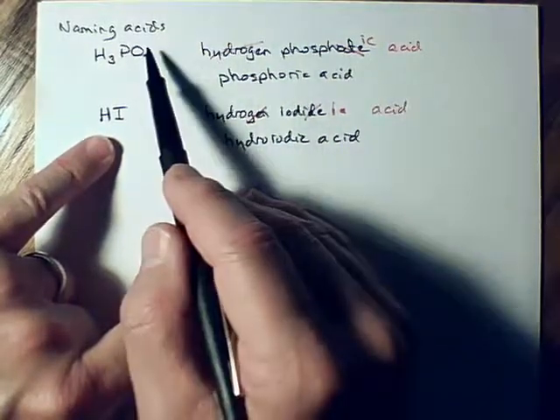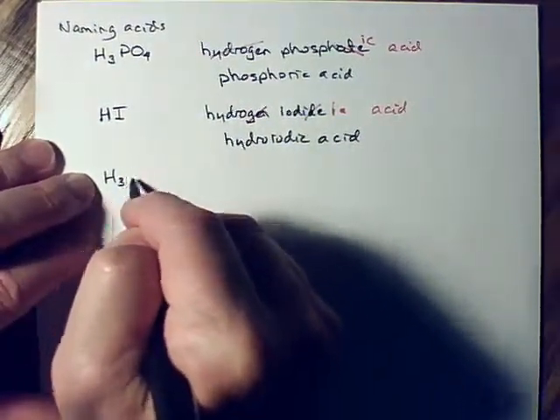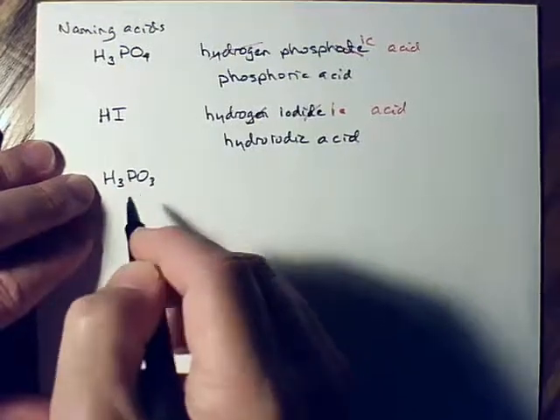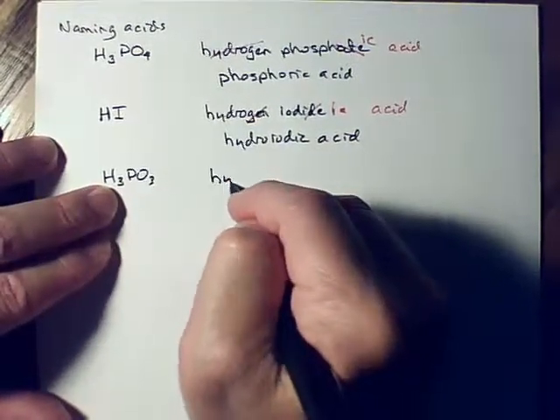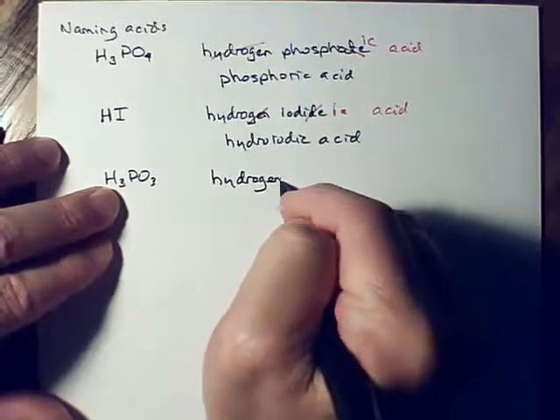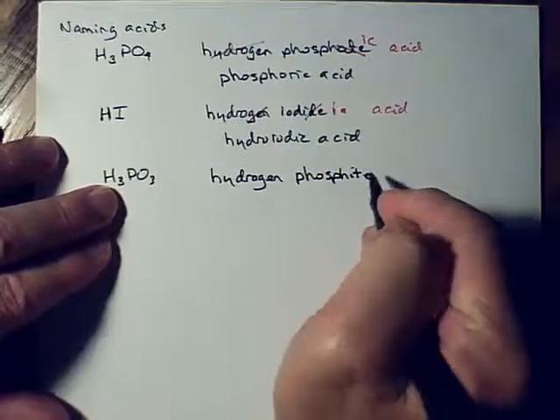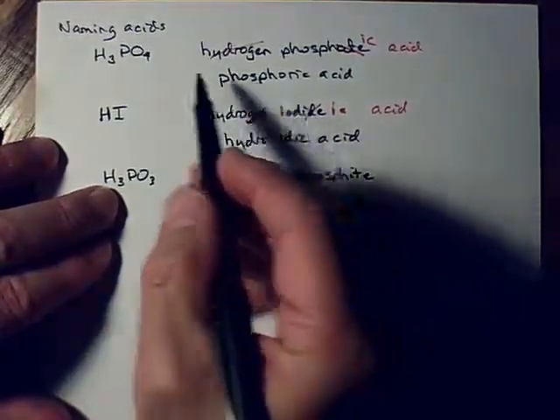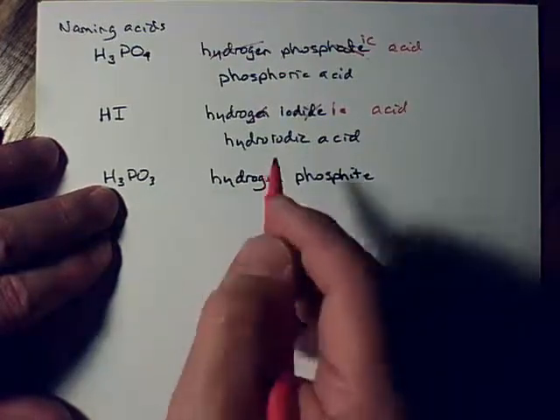So what about the polyatomic ions that have an ite ending? Let's look at this formula. H3PO3. That's a phosphite ion. Hydrogen phosphite. Okay? So the only difference between naming this and this up here: you still drop the hydrogen name.